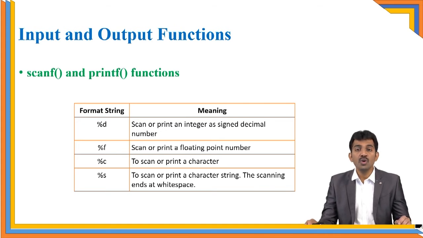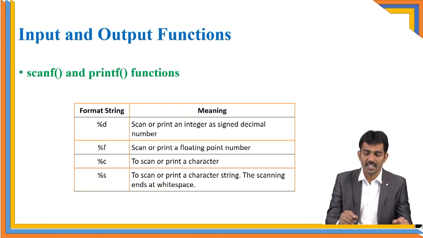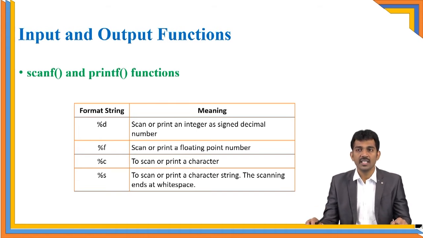For example, if you want to carry out your string data type, what kind of format specifier do you need to use? If you want to carry out an integer, what kind of format specifier do you need to use? That is the thing you need to know. Here I mentioned some format specifiers. If you want to print or read integer data, then you should use %d, which scans or prints an integer as a signed decimal number. %f scans or prints a float number.